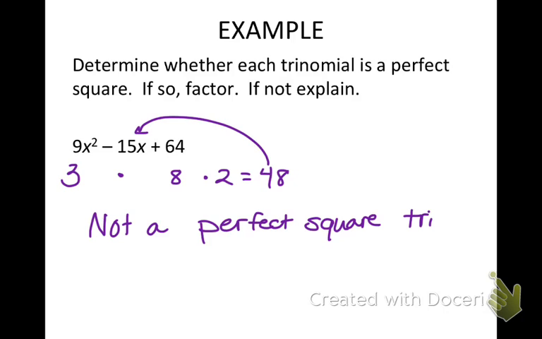If it was, then we would be able to factor it very easily. So it's not a perfect square trinomial, because the middle term was 15. If it was 48, then it would be a perfect square trinomial. All right, let's look at another one.